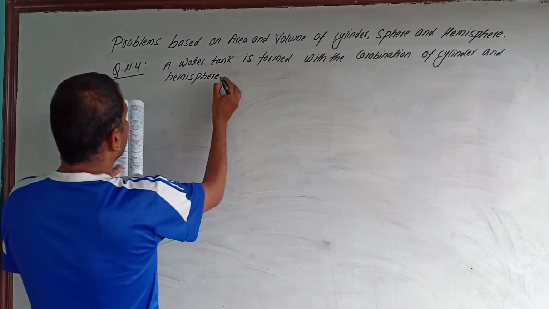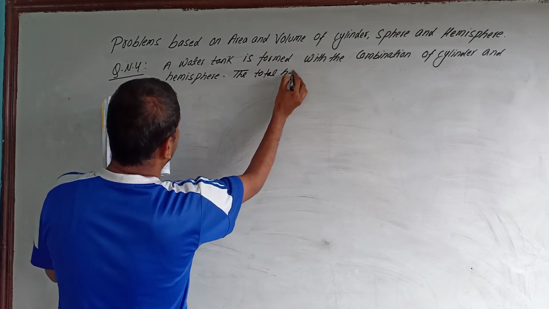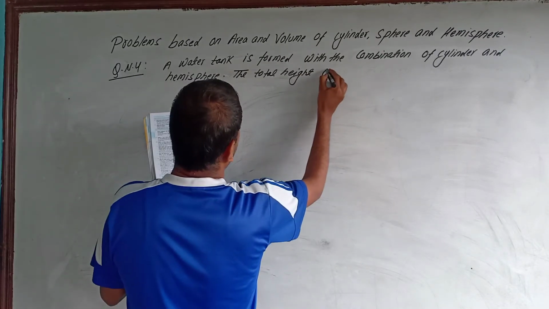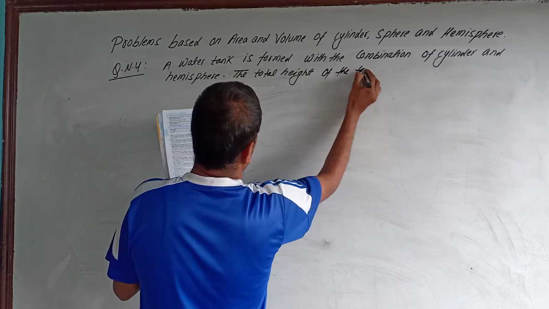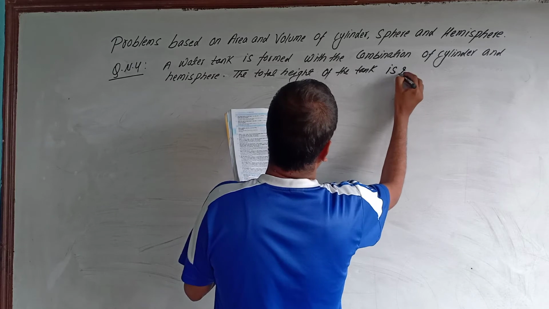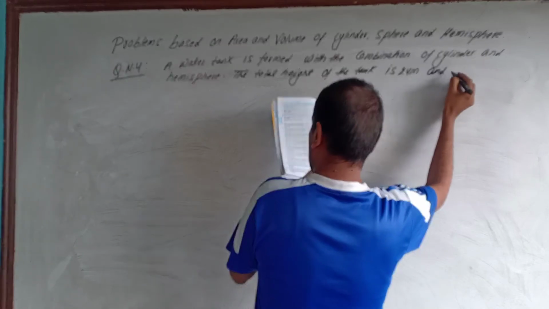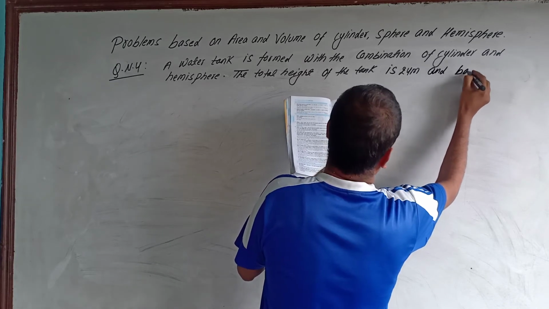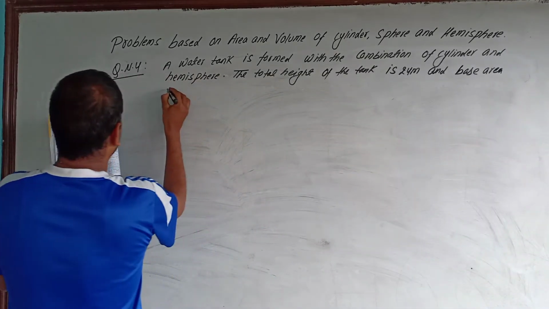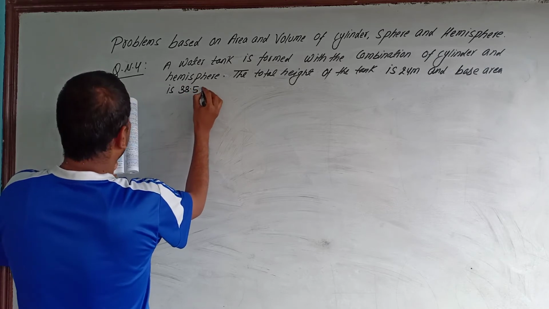The total height of the tank is 24 meter and the base area is 38.5 meters square.